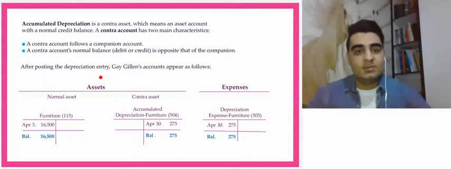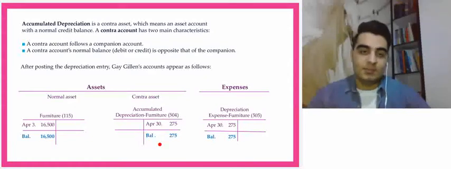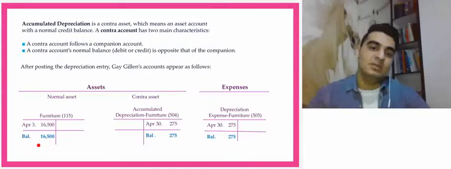After we post the depreciation entry, these are the T accounts of our individual company. For assets, for our normal asset, which is furniture, we purchased $16,500. We have no business with this account. We'll leave it be.